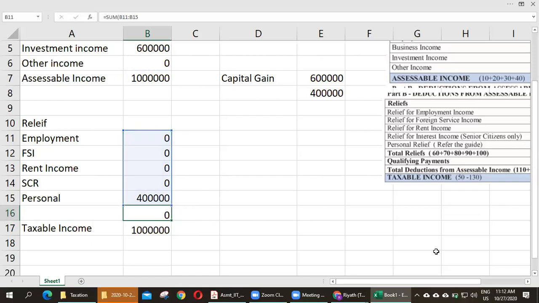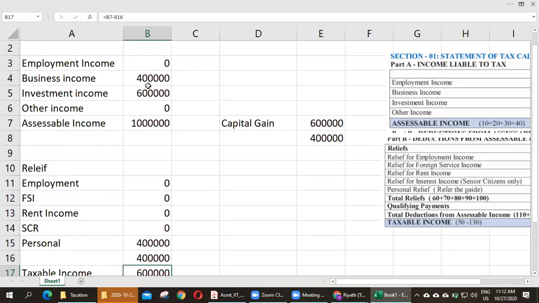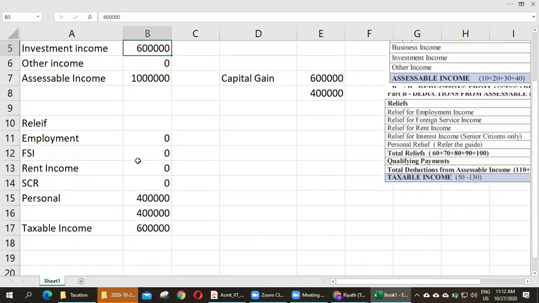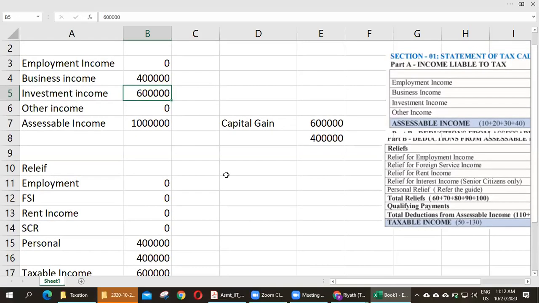Yes, capital gain is part of investment income, no issue. But under investment income, we have to break it up as capital gain and non-capital gain income. Any questions? If it's clear, I ask one question.